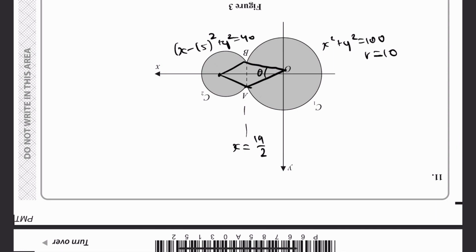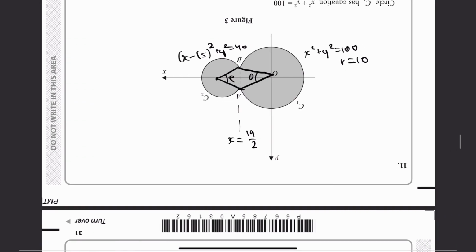So I'm going to label this angle phi. Let's see though. Can I use any circle theorems to let me do it a different way? That's not a tangent, so probably not. Okay, we'll just work it out.